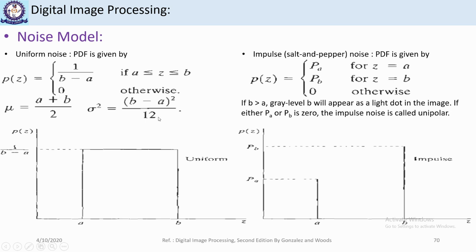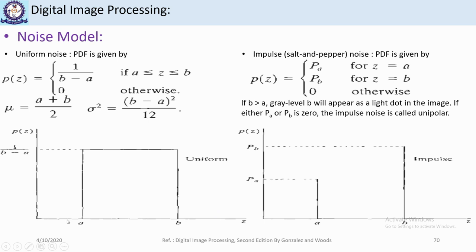Its mean is (a plus b) by 2, and its variance is (b minus a) square by 12. So this is how we have the plot of the probability distribution function of uniform noise. From a to b it is constant 1 upon b minus a, and for the remaining values of z it is 0.